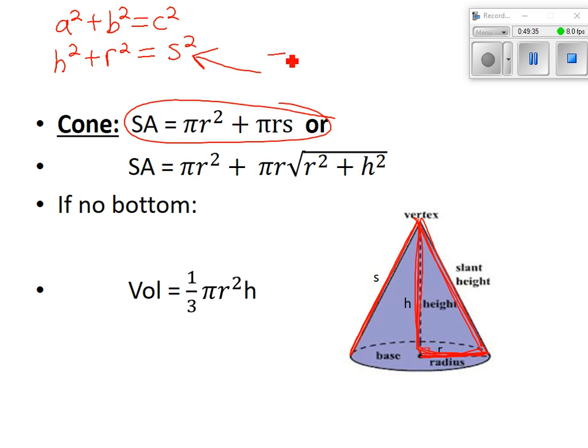So we use the top formula if we do have the slant height, and the bottom one if we don't have it. If you just know the height, not the slant height, then we have to use this formula. If you don't like this formula, then we could always find the slant height by using the Pythagorean theorem.